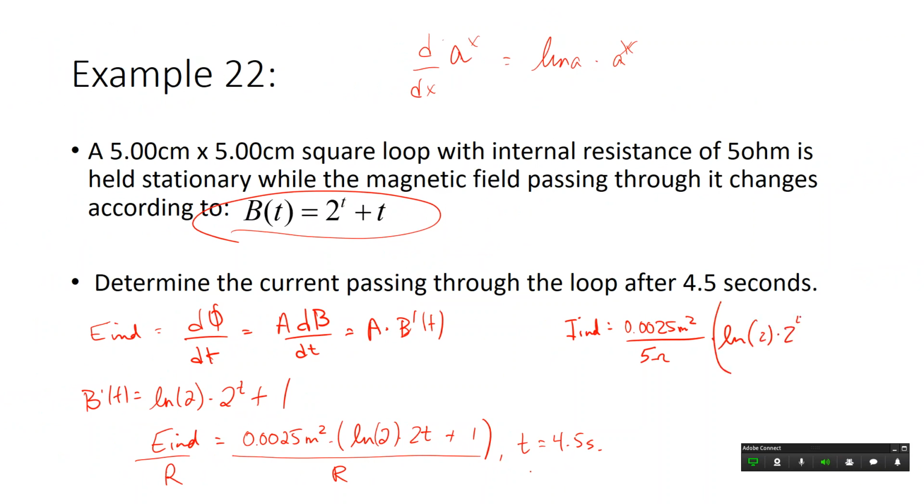Did I do something wrong? So 2 to the power of 4.5. Oh, you see, here it looks like I wrote 2t, right? Like that.